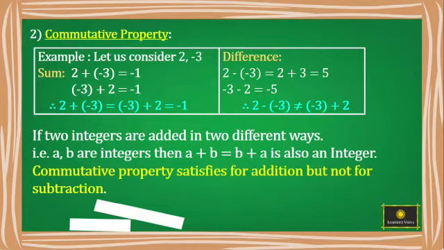So 2 minus minus 3 is equal to 5. Minus 3 minus 2 is equal to minus 5. Therefore, 2 minus minus 3 is not equal to minus 3 minus 2. Commutative property is satisfied for addition but not for subtraction.